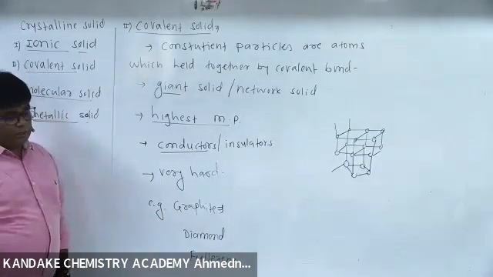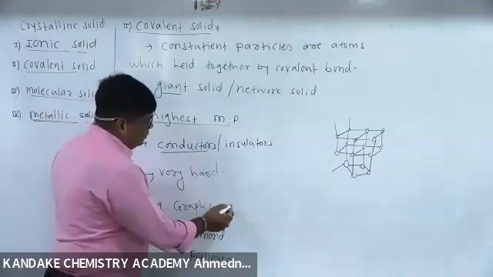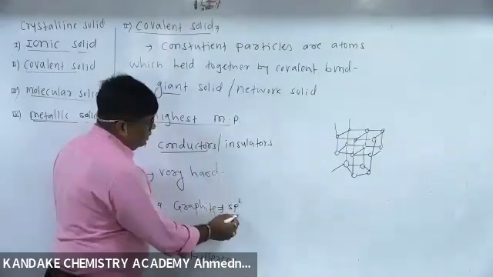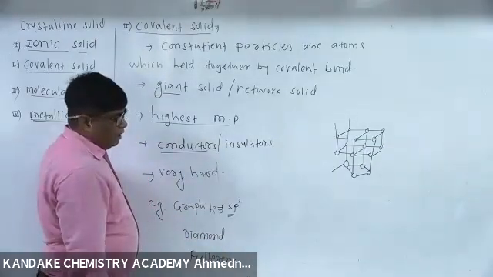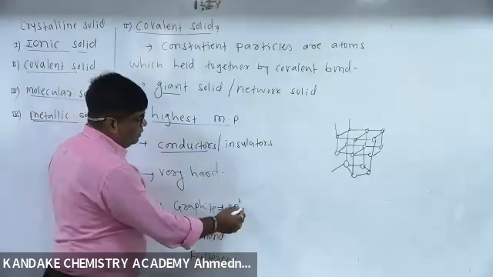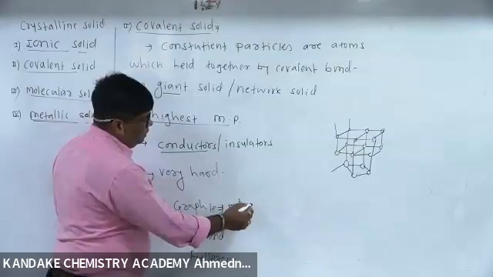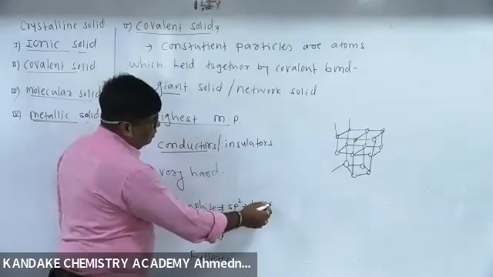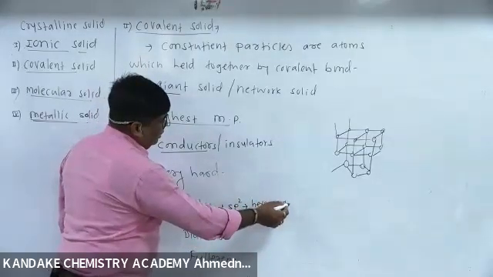Graphite is covalent solid. In graphite, carbon atom is sp2 hybridized. In graphite, carbon atom is what type of hybridized? sp2 hybridized. Then as it is sp2 hybridized, its shape is hexagonal. याचा shape काय? Hexagonal.